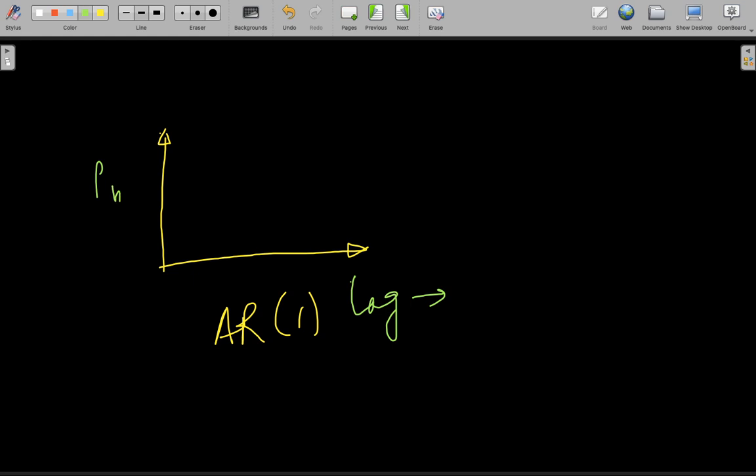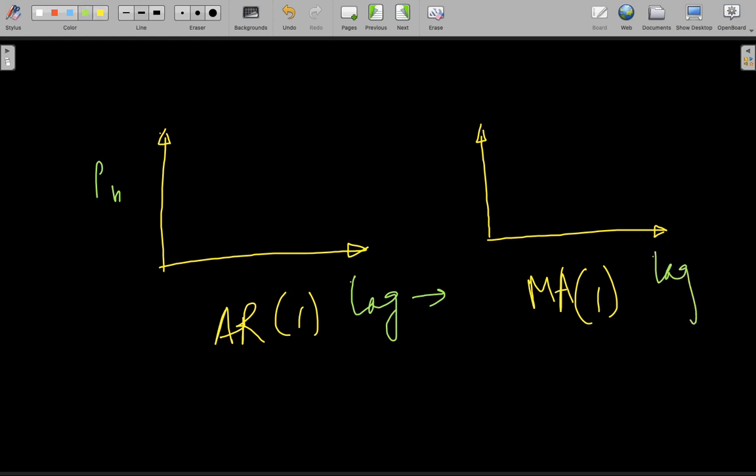And I do another plot for my MA1 process. MA1 process. I have my lag on the x-axis and my correlation coefficient on the y-axis.